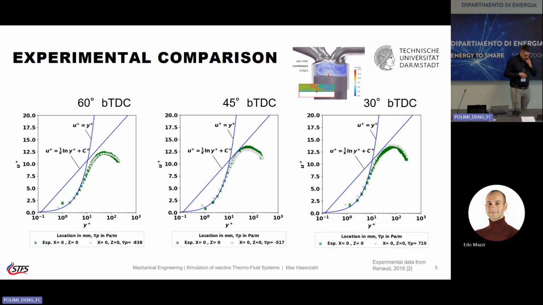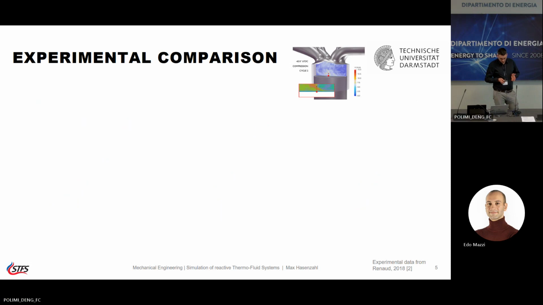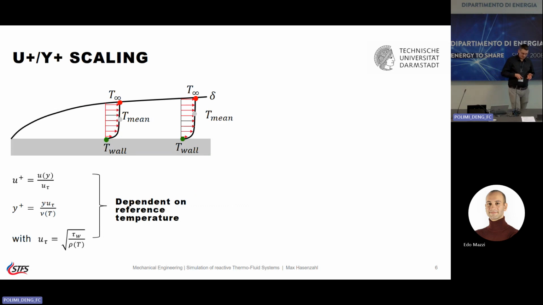Now, I need to go on a little bit of a tangent with this scaling, which is, of course, in an engine, you don't just have a velocity boundary layer, but you also have a temperature boundary layer. Now, when you do this non-dimensionalization, obviously you have the viscosity and the densities in these terms, and so those are temperature dependent.